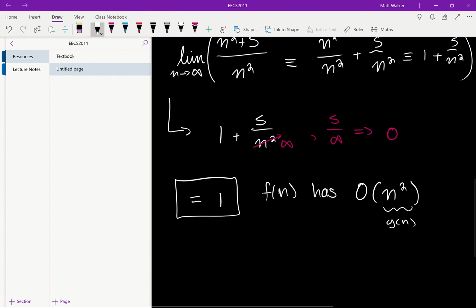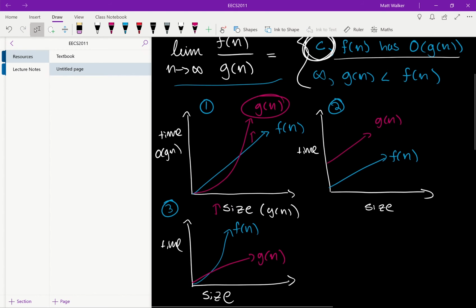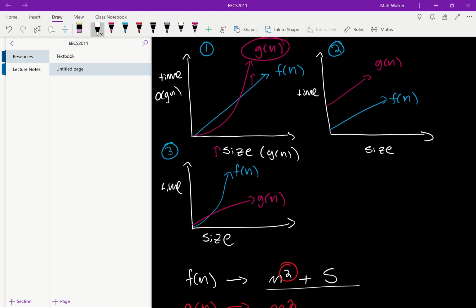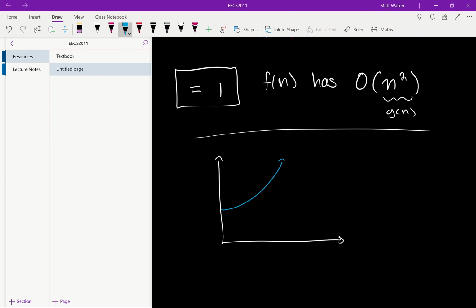This is just a really quick way to visualize these runtimes. So if we were to graph this one out, it would look something like this. N squared plus 5, so it's going to start up here as our f of n. And we were comparing it against this one, which is going to look like this, right?